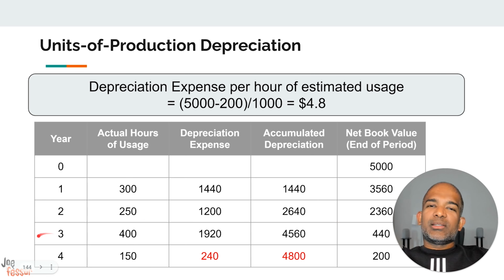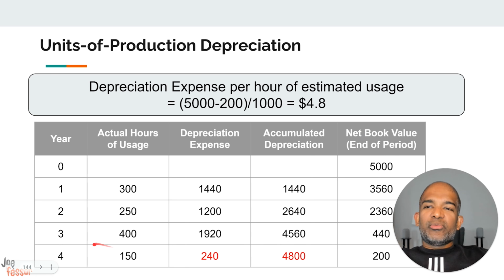Now at year 3, the equipment was used for 400 hours. So 400 times 4.8, the depreciation for that particular year is 1,920. So the accumulated depreciation so far is 4,560, which leaves us with a net book value at the end of year 3 of $440.